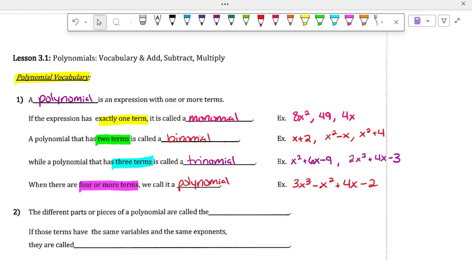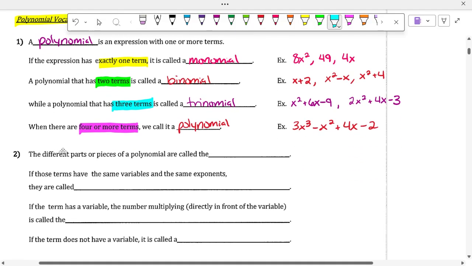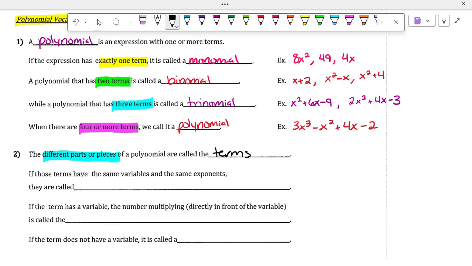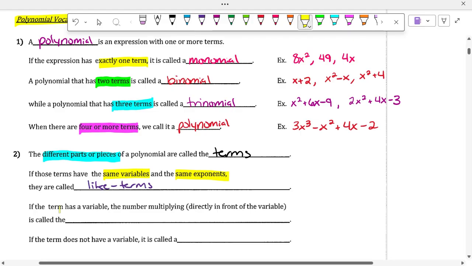Now, like I mentioned earlier, the different parts or pieces of a polynomial are called its terms. If those terms have the same variables and the same exponents, they are called what? Like terms. Good. So same variable and same exponent, they're called like terms. If a term has a variable, the number multiplying directly in front of the variable is called the what? Coefficient.